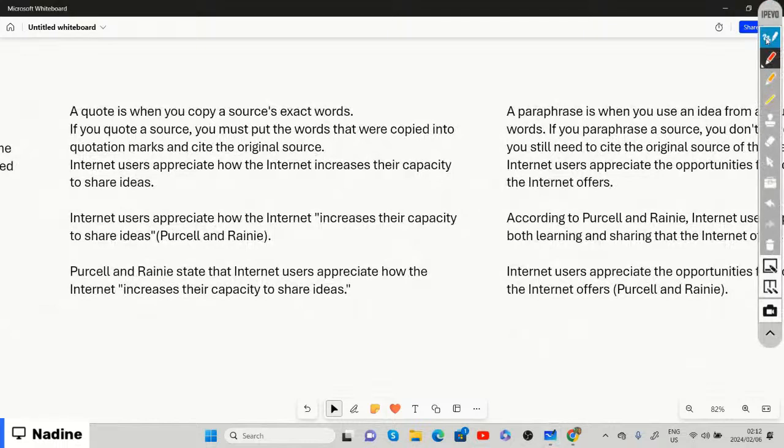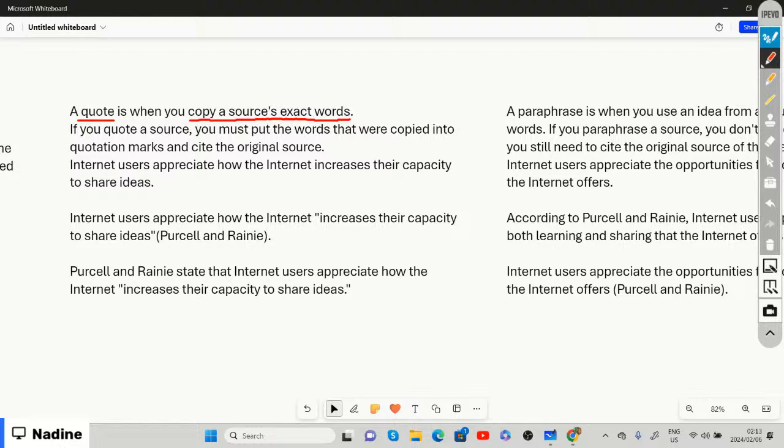All right, so we said that plagiarism is the act of taking someone else's work and making it your own, whether it's the work or ideas, right? And now a quote. A quote is when you copy a source's exact words, right?